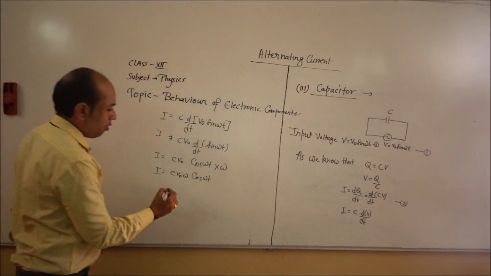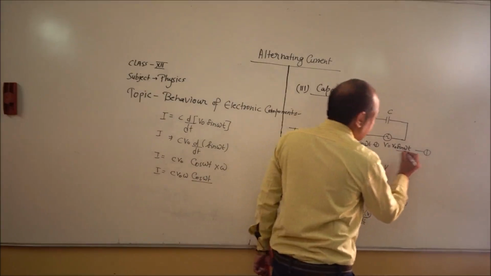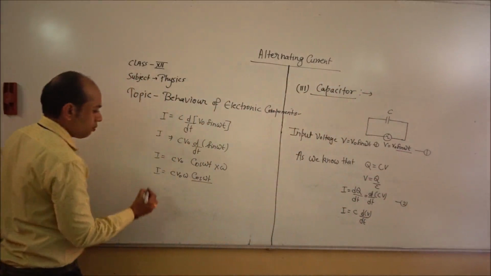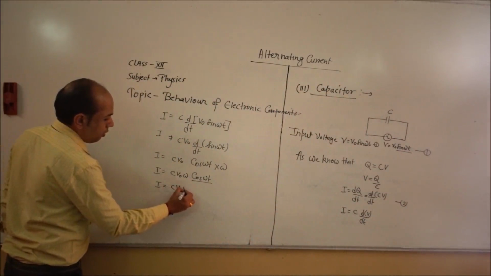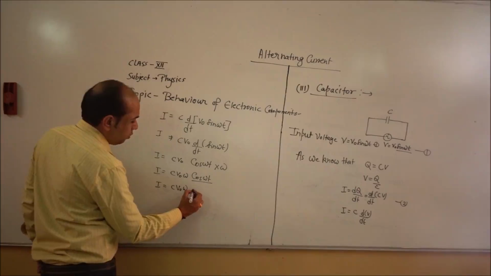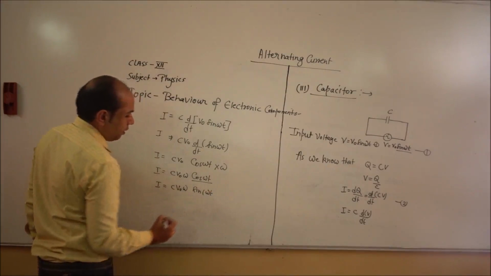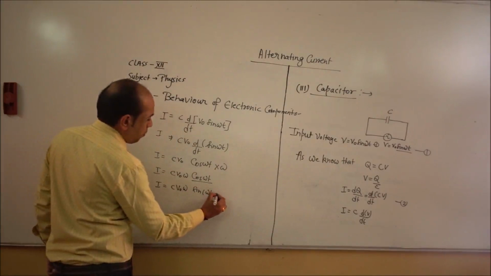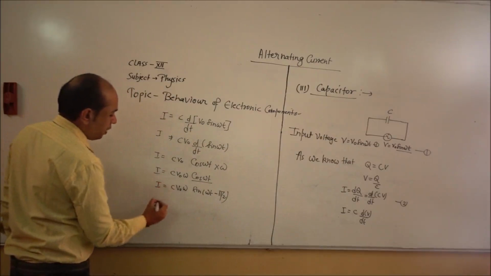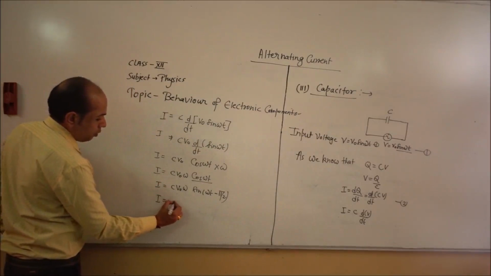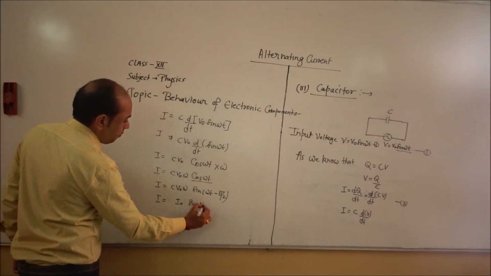And then again, in order to compare cos and sin, we have to change this cos in terms of sin. So I is equal to C V naught omega sin of omega t plus pi by 2. Okay, now we compare with the general equation.